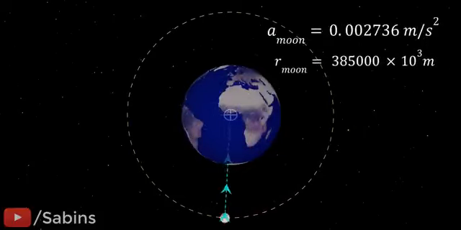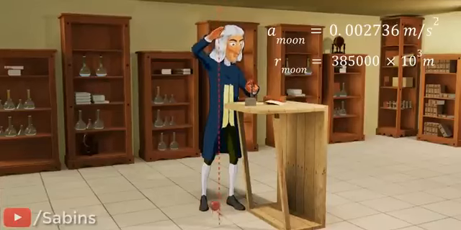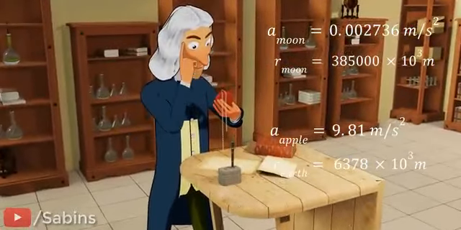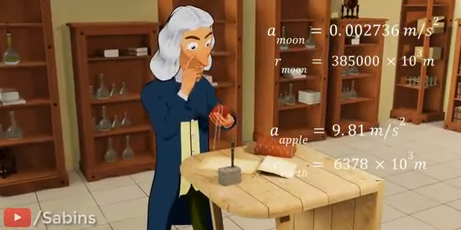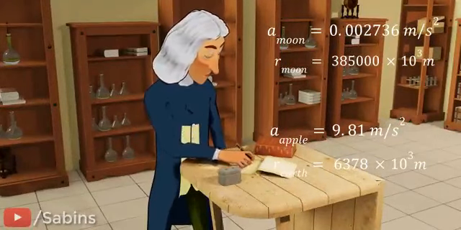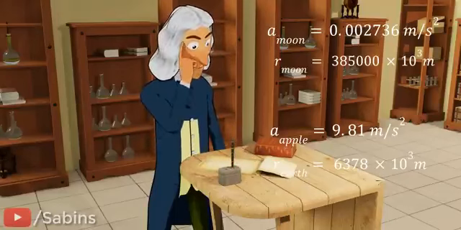The force acting on the apple near to the Earth's surface can be easily calculated by measuring the apple's acceleration. The value of this acceleration is 9.81 meters per second squared. Newton compared these two acceleration values with the distances from the center of Earth. Can you spot any connection between these four numbers? If so, congratulations!